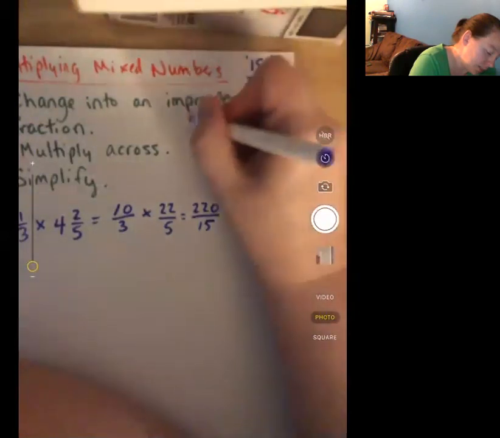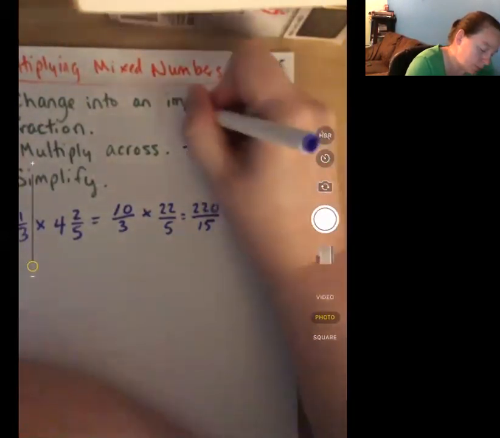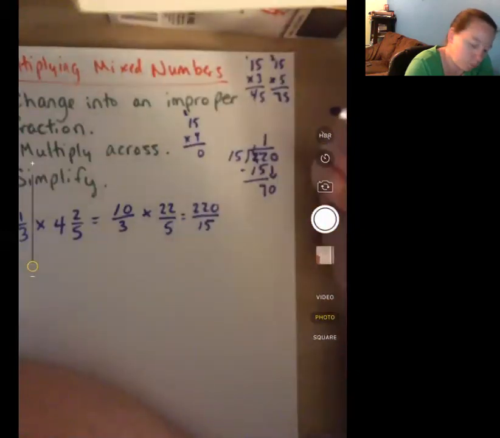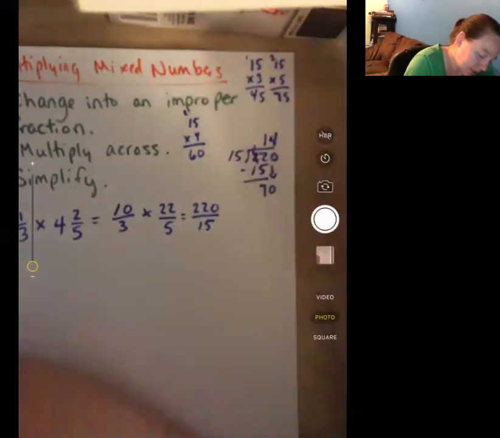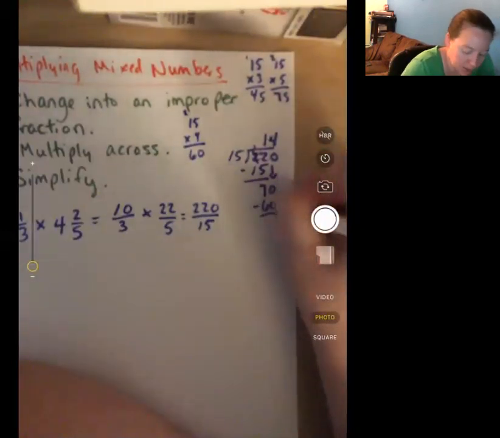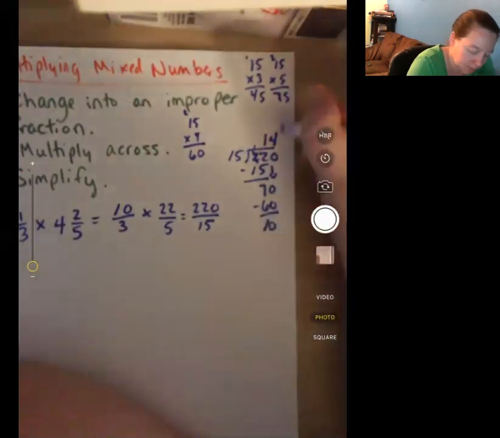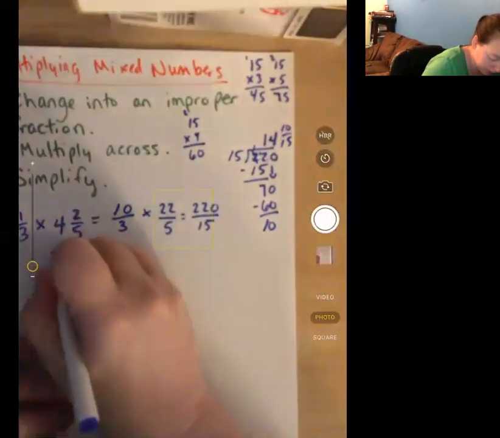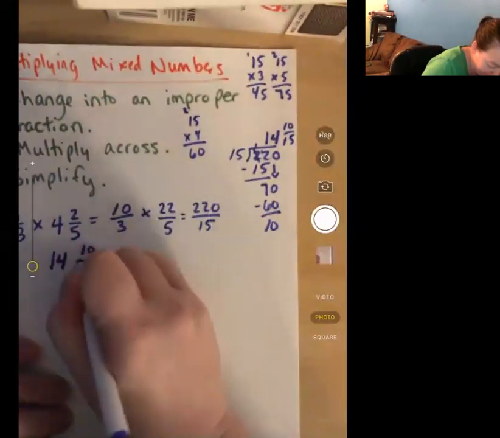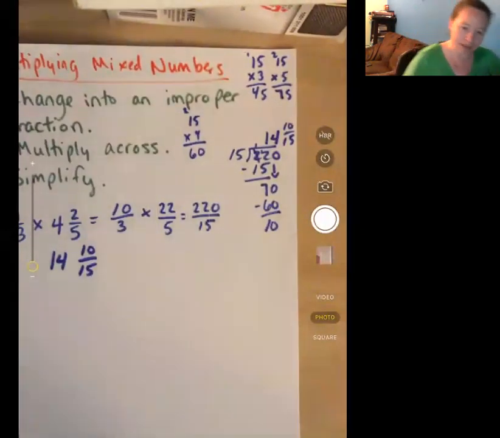So 15 times 4. 5 times 4 is 20. 4 times 1 is 4, plus 2, 6. So 4 up there, 60 down here. We end up with 70 minus 60, which is 10. So I end up with this being 14 10/15. And I can then take out my 5 now.